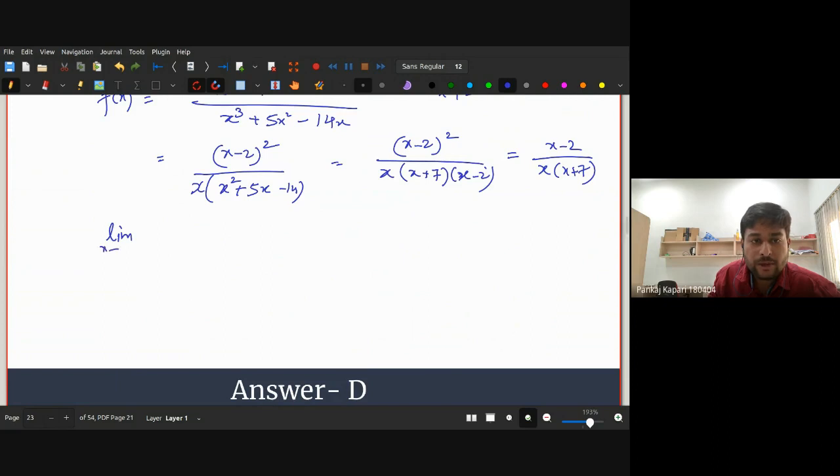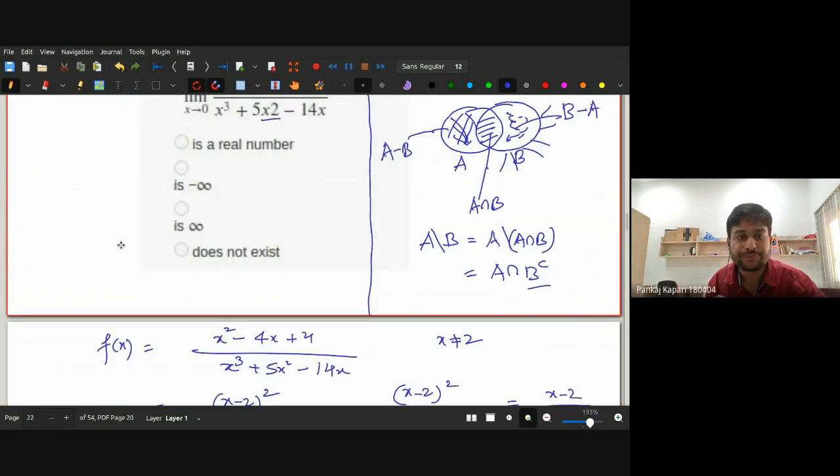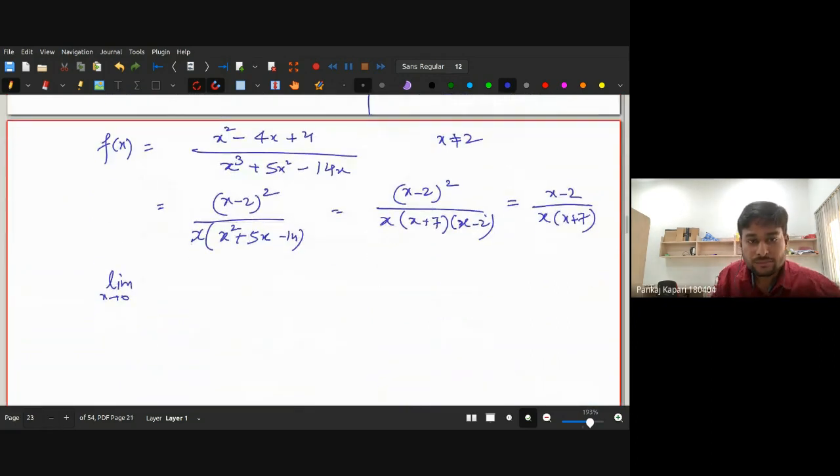We have to find the limit as x goes to 0 of x minus 2 divided by x times x plus 7. Okay, so we can see that there is an extra term x in the denominator.